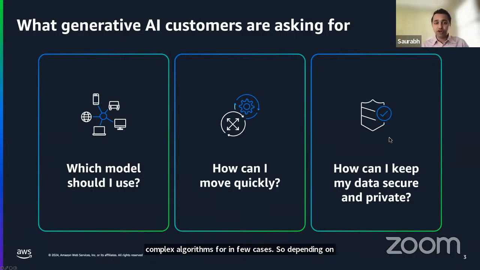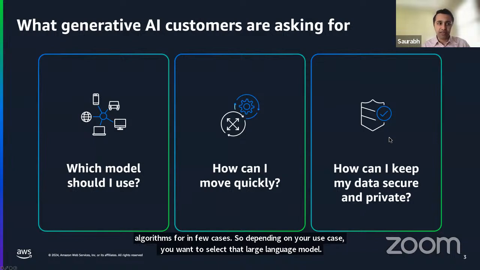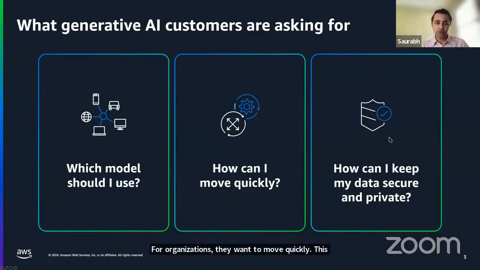Organizations want to move quickly. This is a very evolving space, so I understand that they have to move quickly, and Bedrock was designed towards that. We also understand that data is very secure and private to your organization, and you would want to keep it secure and not send it over the public internet in an unencrypted way. So we focus on those aspects too.